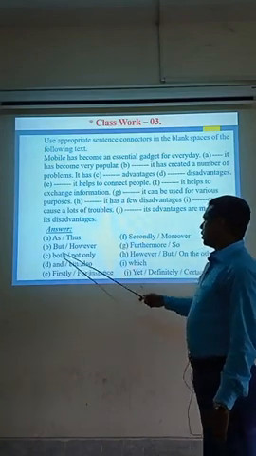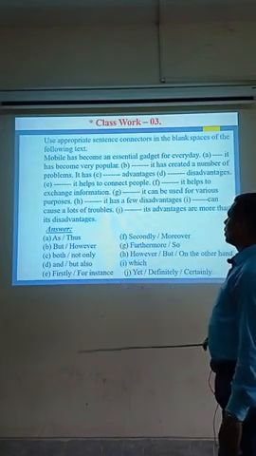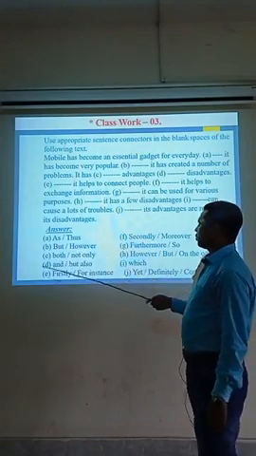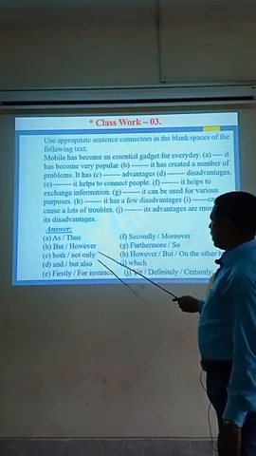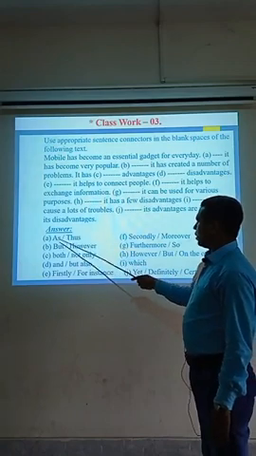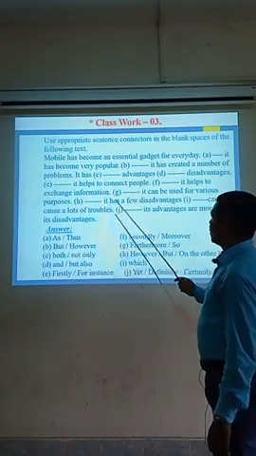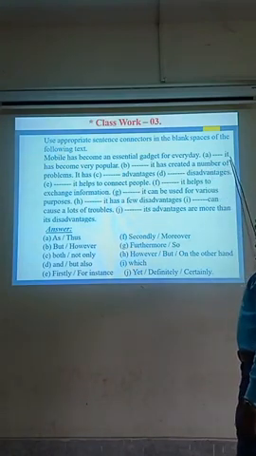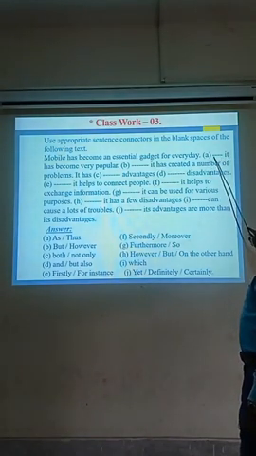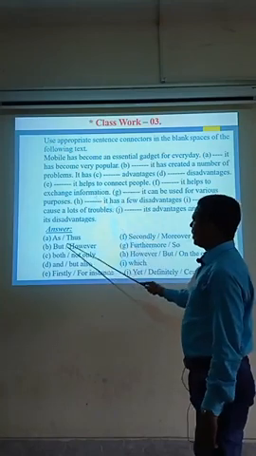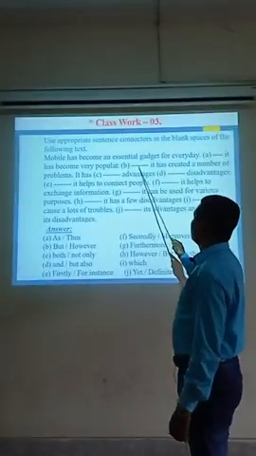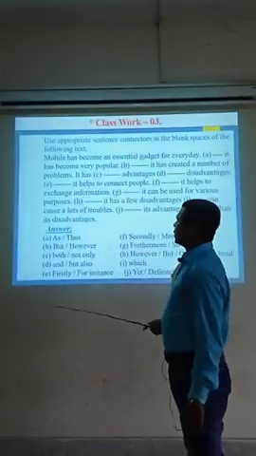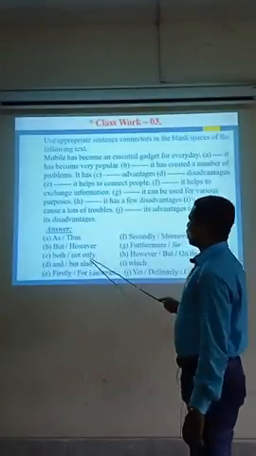Sorry, there is a mistake in the answer of B. The answer of B is but or however, it has created a number of problems. And number C, both or not only.